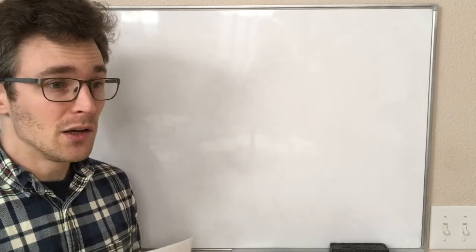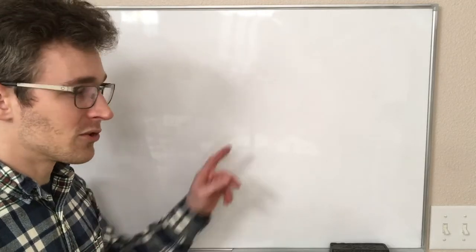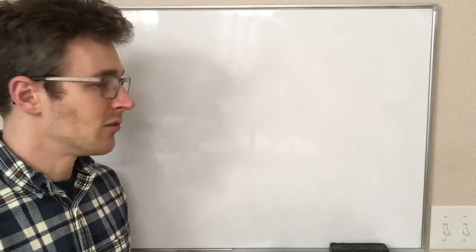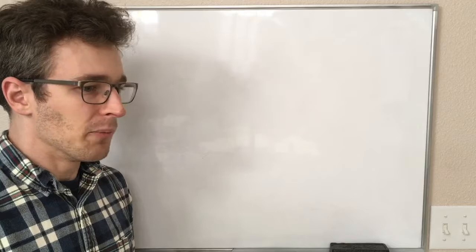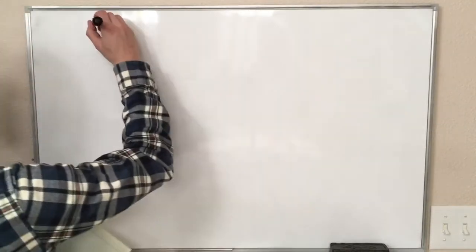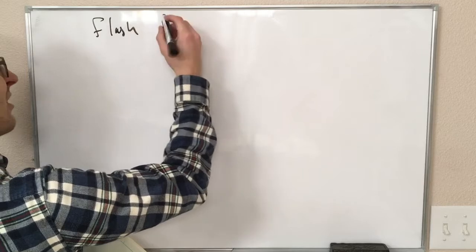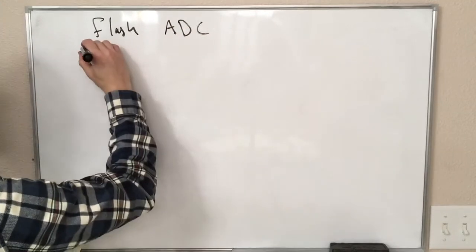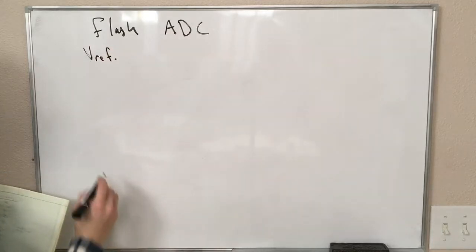So if you're trying to count up to 1,000 or something in that amount of time for a 10-bit conversion, that could be hard. So for that kind of fast measurement, there is another kind of analog to digital converter called a flash analog to digital converter.